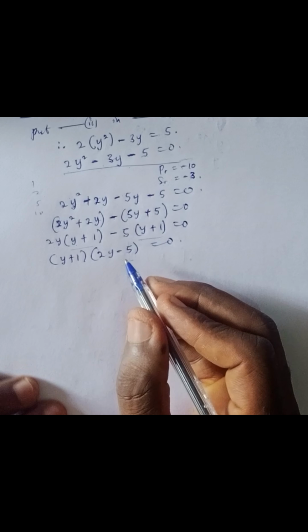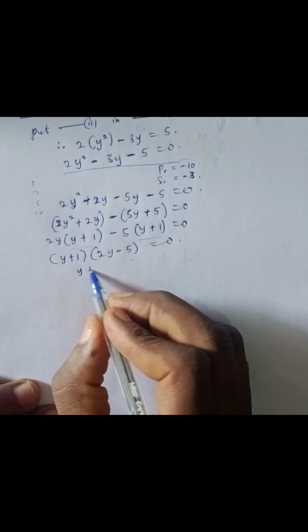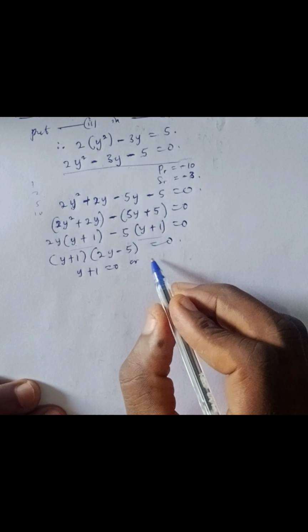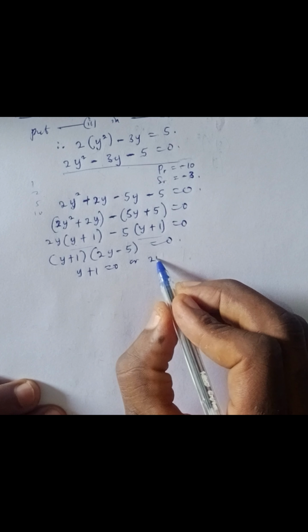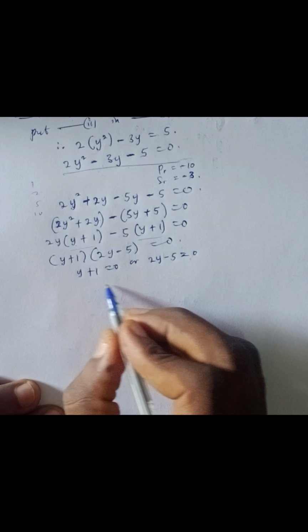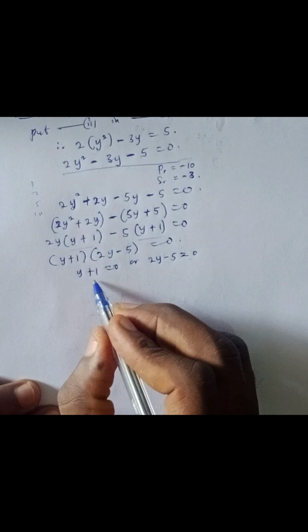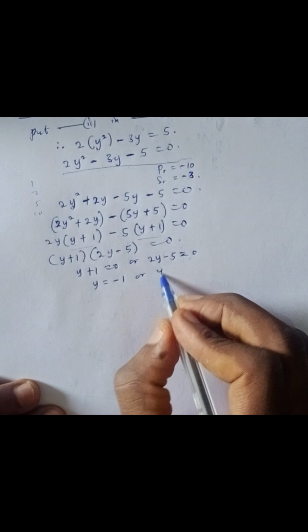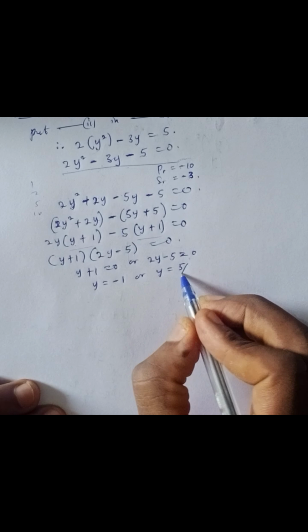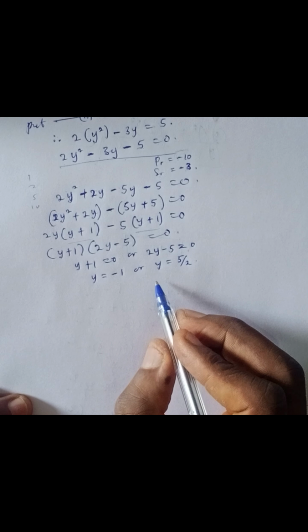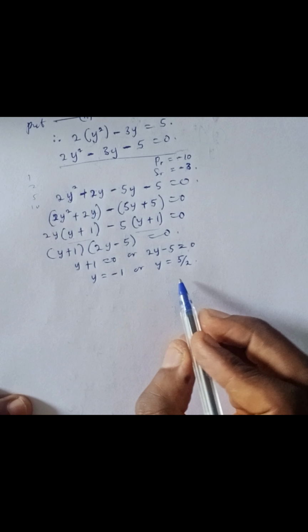What does it mean? It means that our y plus 1 equals 0, or our 2y minus 5 is also equal to 0. From here, we have it that our y will be equal to minus 1, or our y will be equal to 5 over 2. Okay, now how are you going to get the values of x as well?